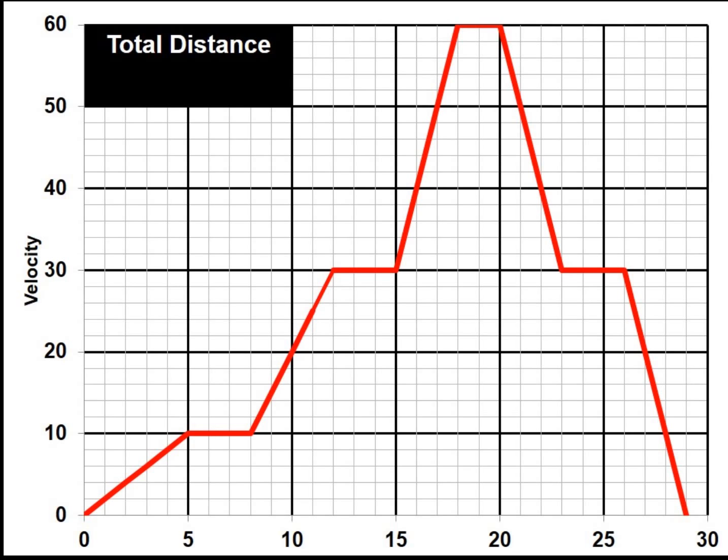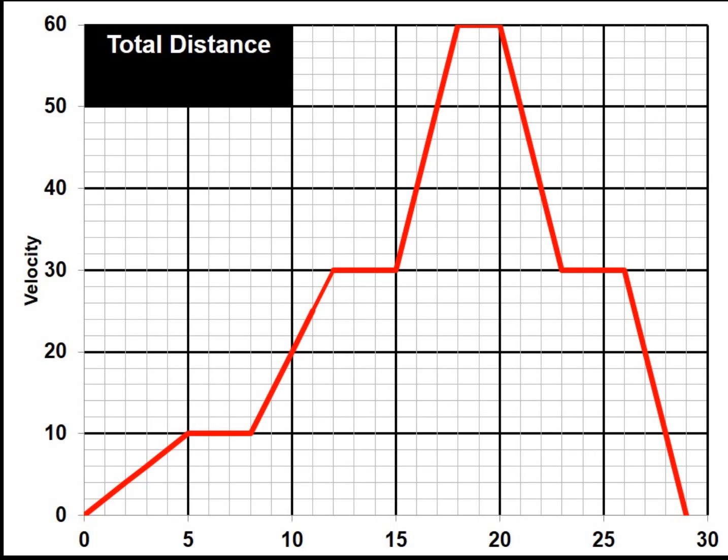Okay, total distance. Total distance is going to be the area underneath the graph segment. For instance, in this particular case, the area would be velocity times time, because that's going to be the area. For instance, the first segment would be a triangle, which would be 1/2 the base times the height.